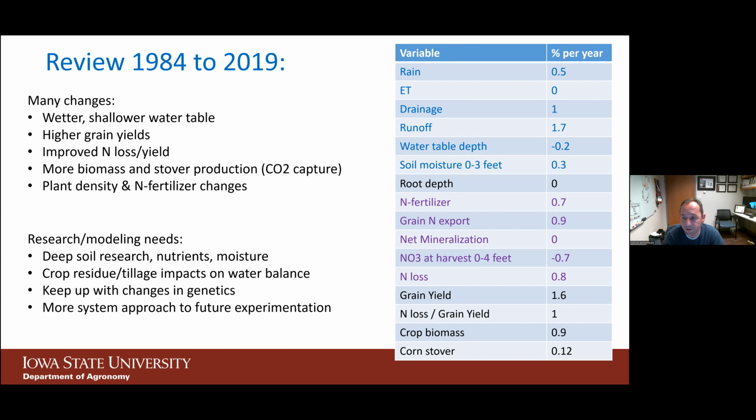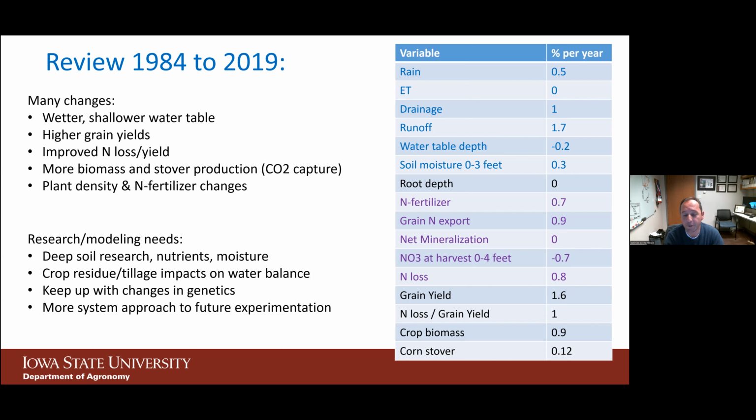We need to keep up with genetics. What we learn through the modeling exercise is that genetics play a big role in both productivity and also environmental performance. We have seen changes in grain protein content which affect the crop N uptake and the amount of nitrogen that is going to be lost in the environment. So we have to keep up with the genetics. And my final suggestion is to start thinking more of a systems approach when we perform experiments.